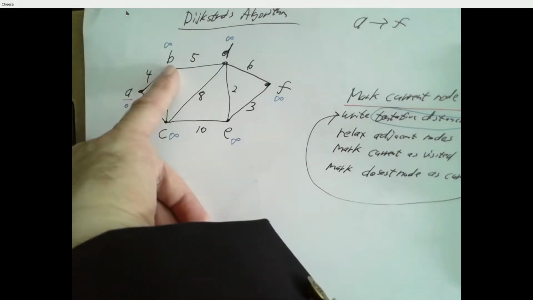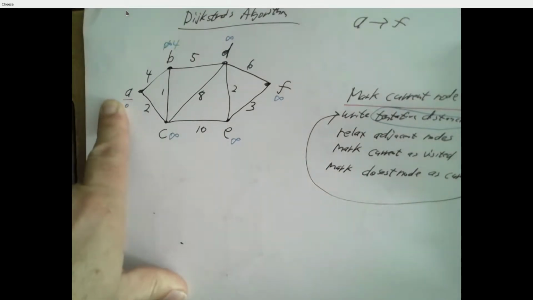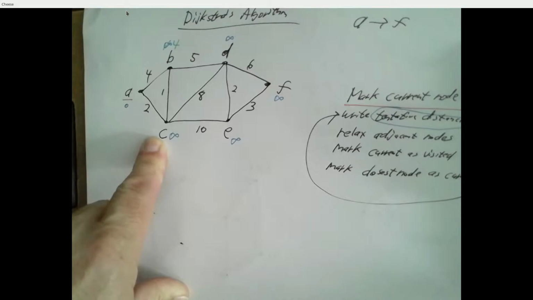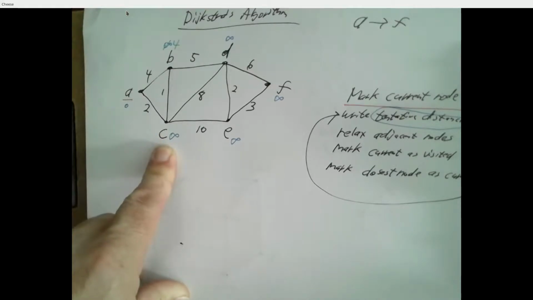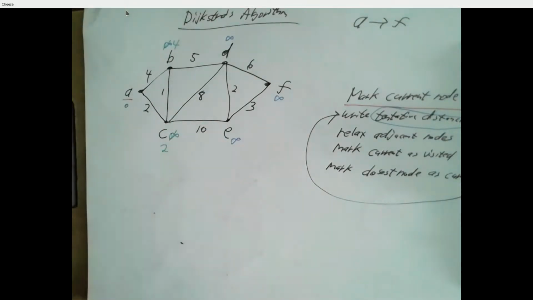Is 4 better than infinity? Yeah. So we're going to change this to be a 4. We also know since we can get to A in 0 and from A to C is only 2, we can get from A to C in a distance of 2, which is also better than infinity. So we're going to relax the distance to this node. We're just going to replace it with something smaller.